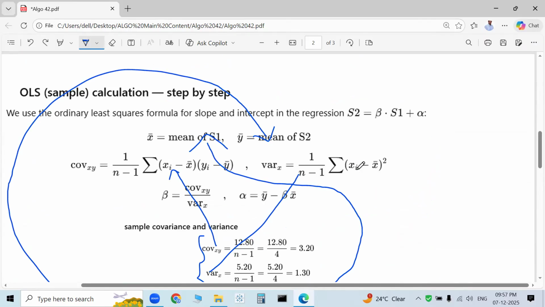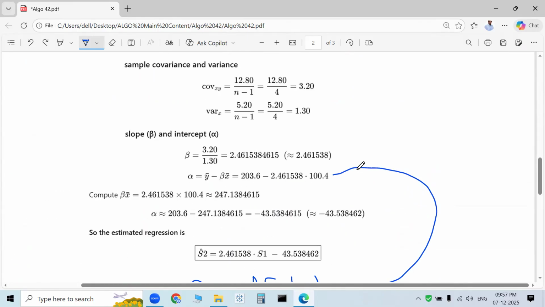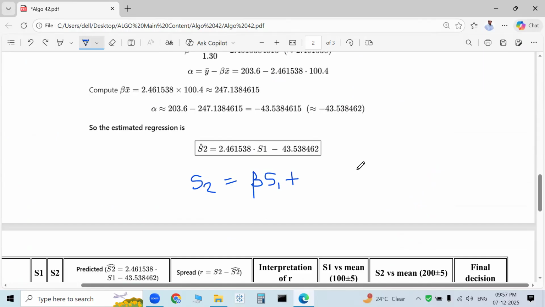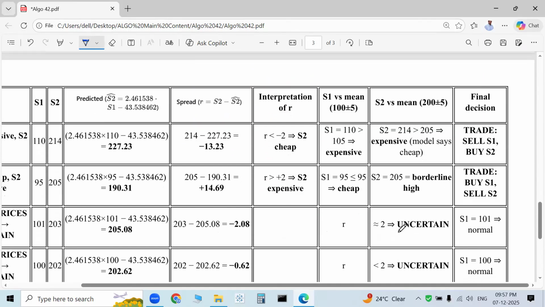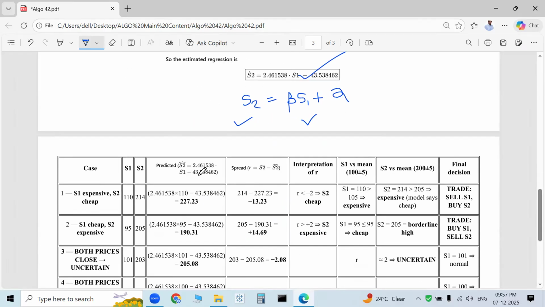So now this will give us the complete idea of the equation S2 equals beta S1 plus alpha. Whenever there is an S1 change, S2 must also change. Now let me show you that in one practical way.